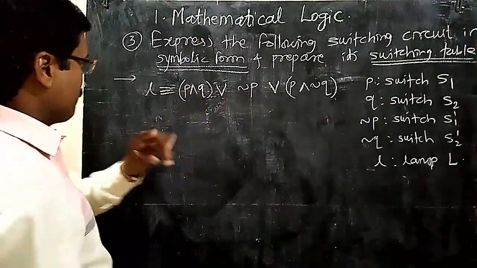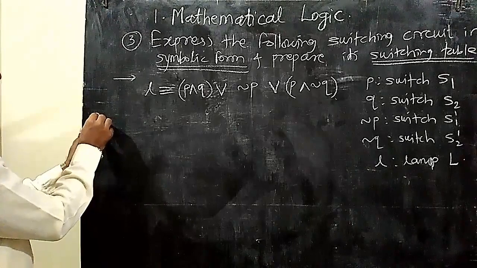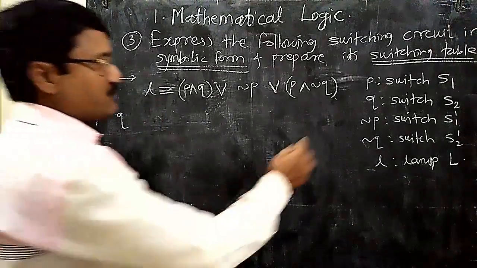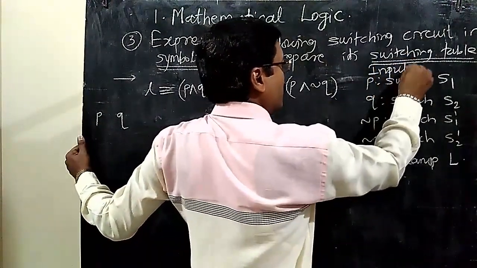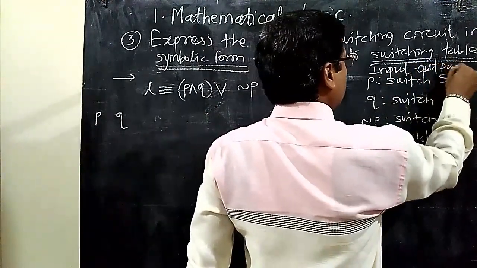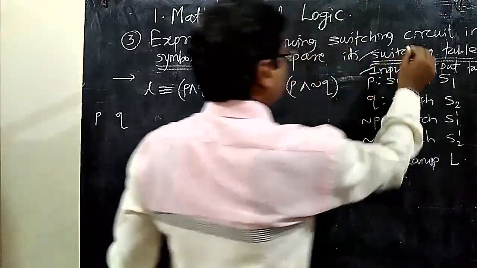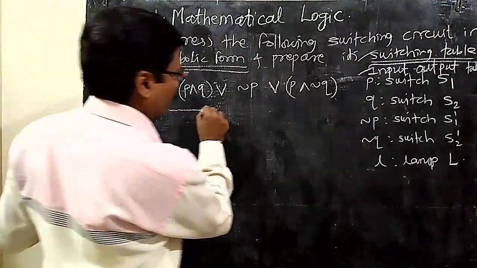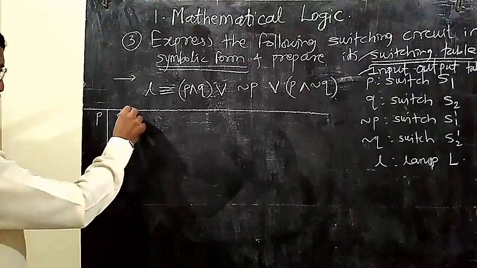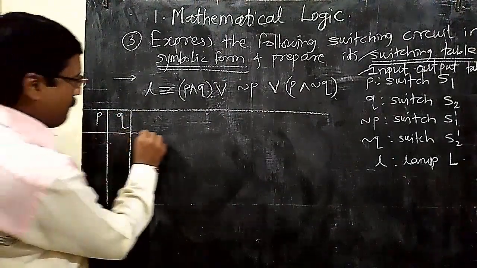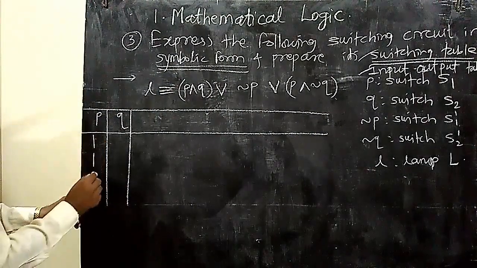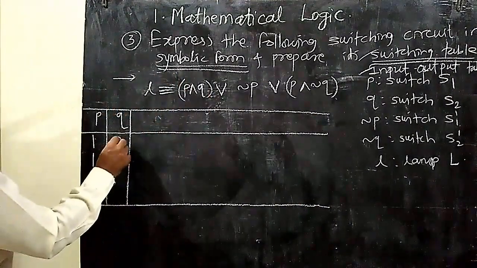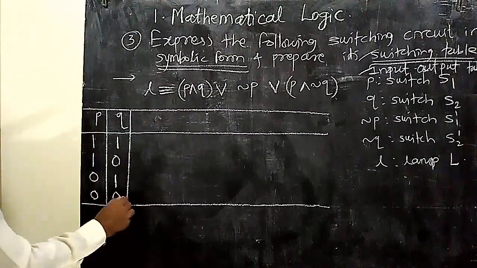Here the number of statements is only 2, so we have 4 rows for P and Q. Switching table is nothing but an input-output table. The input-output table contains the entries for P as 1, 1, 0 and 0. For Q, 1, 0, 1, 0.